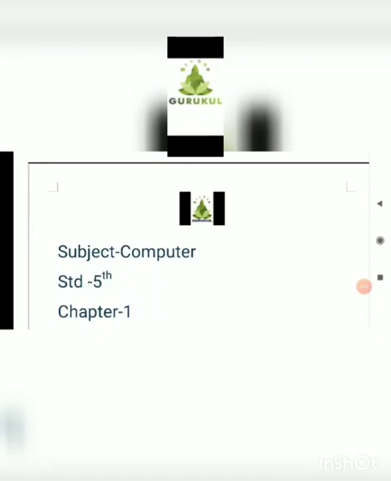Good morning kids, welcome to the computer lecture. Kids, we have already completed our lesson number 1, which is the computer fundamentals and the basic block diagram of a computer system. In this lesson we learned all the different parts of a computer system with the basic block diagram and some examples. After that I gave you a PDF of questions and answers.